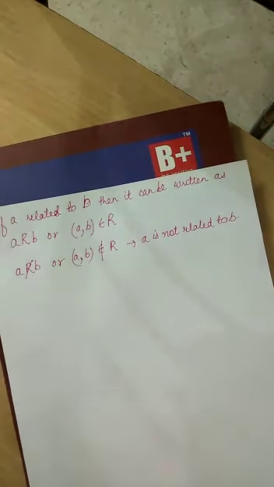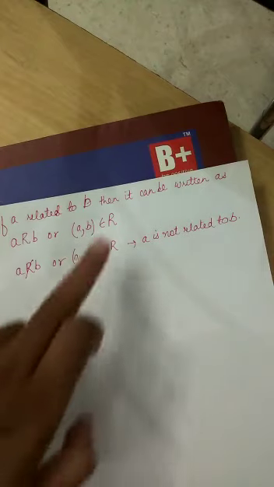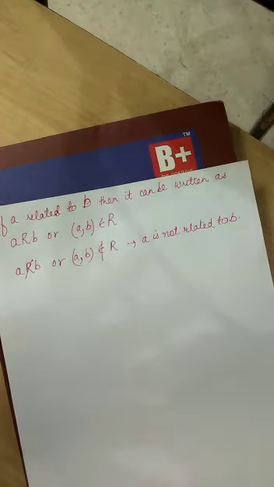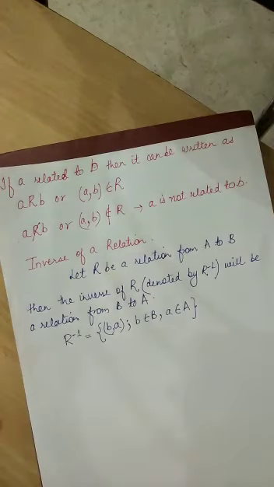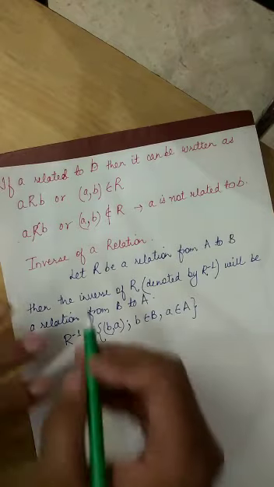It is very important because many children get confused about R. They think that it is a real number, but here R stands for the relation. Then what is the inverse of a relation?